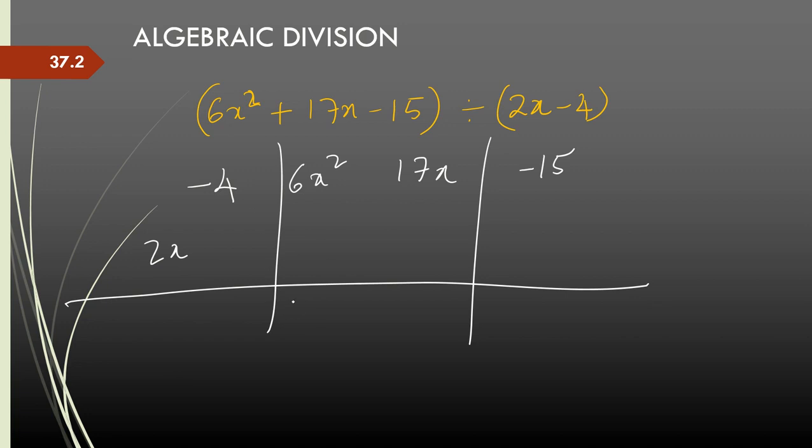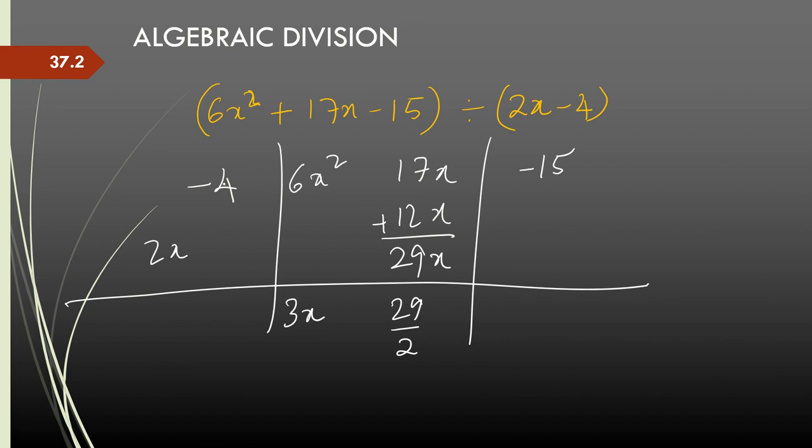So 6x square divided by 2x is 3x. Then the adjustment is plus 12x. This is 29x. Divided by 2x is 29 by 2. So there is no carry forward in algebraic division. We just write 29 by 2 as the coefficient.